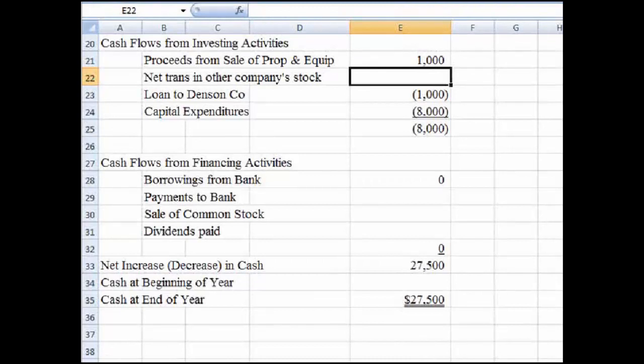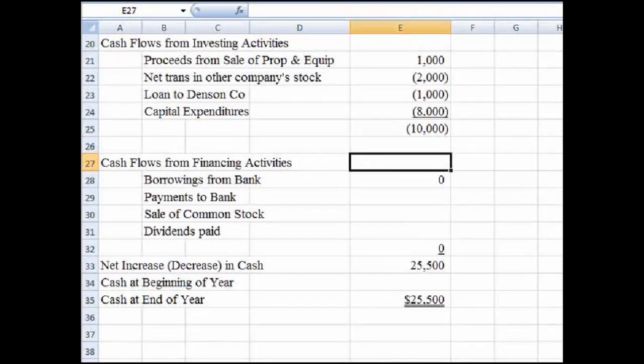The last entry for investing is most of the way down the list in the book and is purchased DuPont Company stock for $2,000. That transaction goes on the line labeled Net Trans in other companies' stock. Trans, of course, means transactions, and the entry is a negative $2,000. Now I trust that as we move along through the list in the book, you've been checking everything off to be sure nothing is missed.